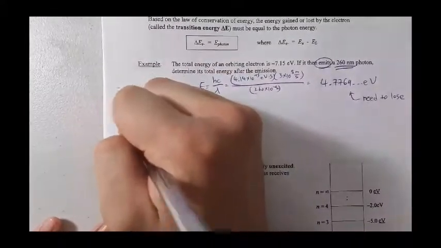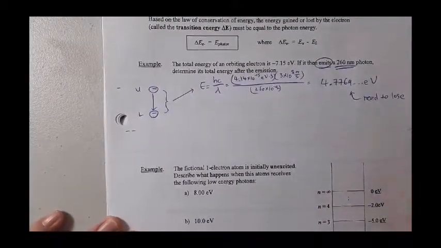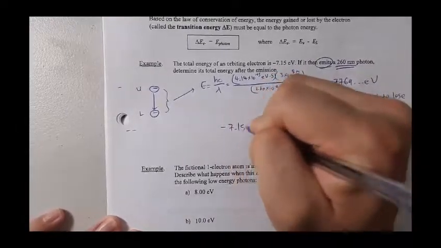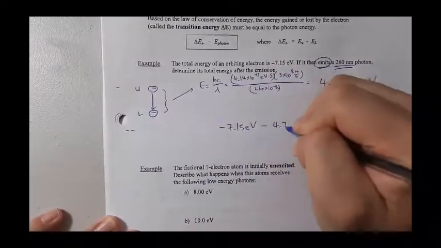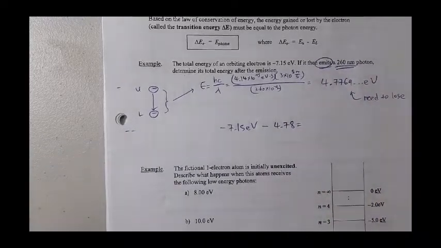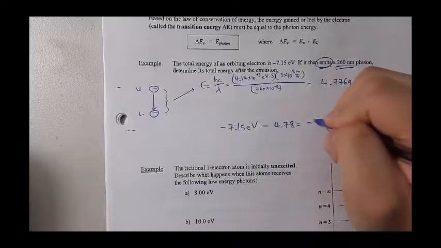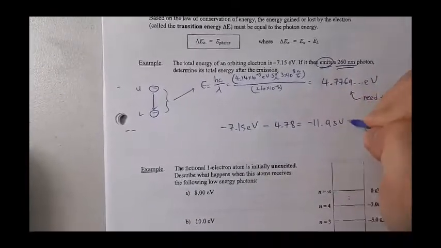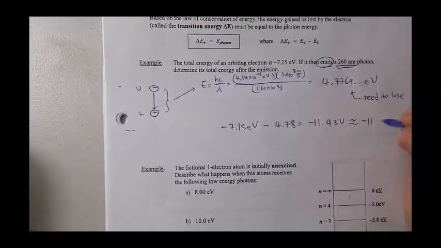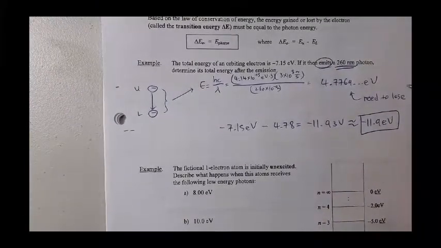So remember, if this is negative, this is a way more negative value when you go to the lower level. So here's what I need to do. Negative 7.15 electronvolts minus 4.78 will give me the energy after the emission, so negative 7.15 minus 4.78 should give me negative 11.93 electronvolts, rounded to 3 significant figures.